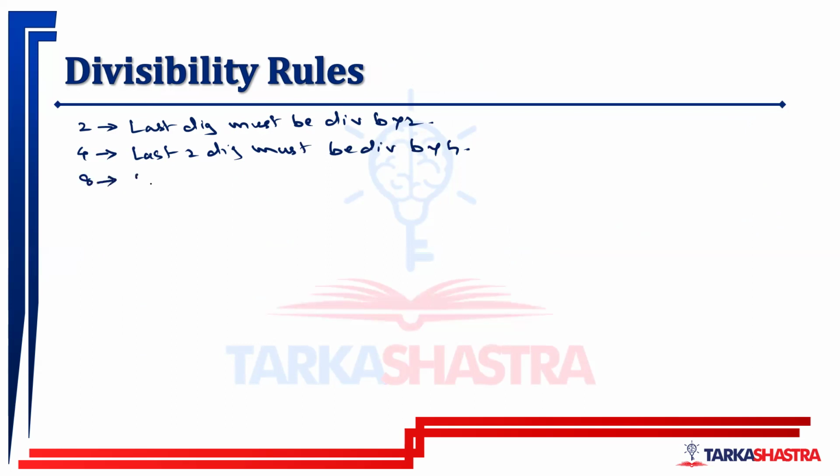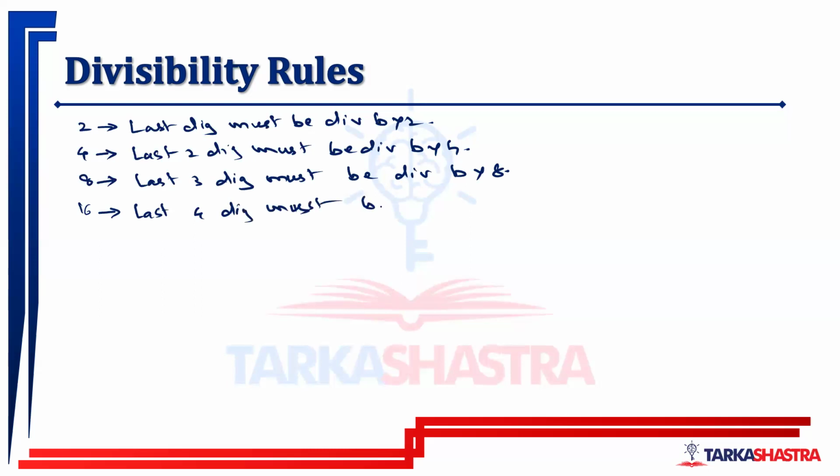Divisibility of 8, last three digits must be divisible by 8. Divisibility of 16, last four digits must be divisible by 16.